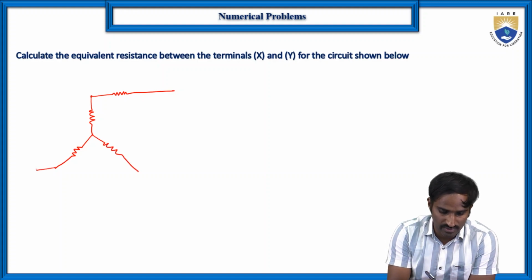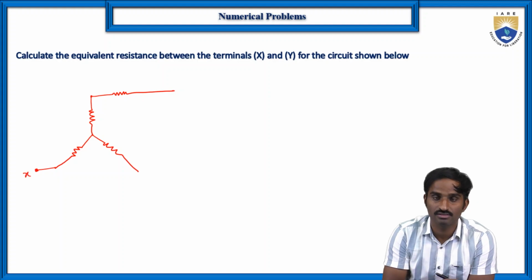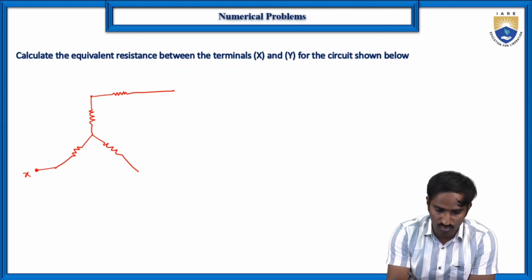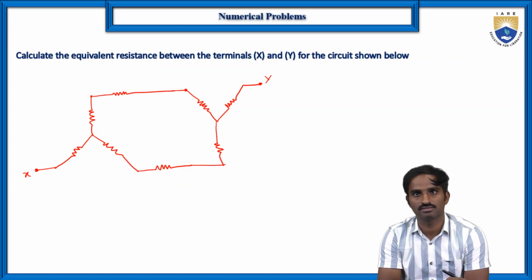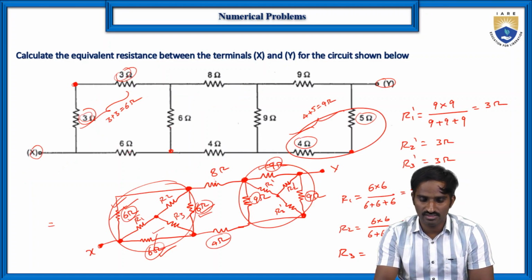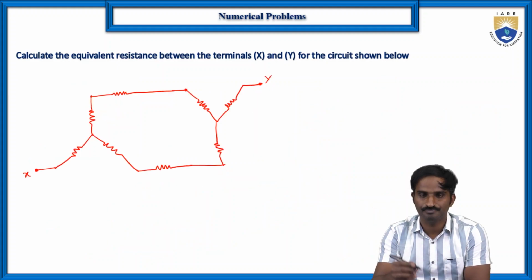For this we have the terminal X. And here one more resistor, the 4 ohms resistor, and here also we are converting to star, so this is 3 ohms, 3 ohms. Again here the Y terminal is there, and here again one more resistor like this. So we are just converting these deltas into star and after that replacing.